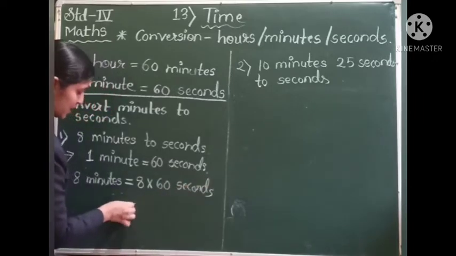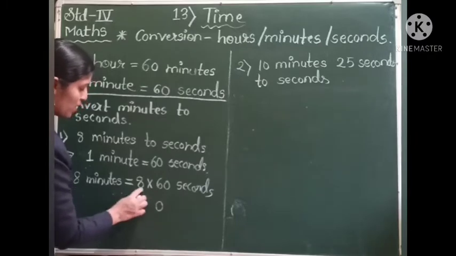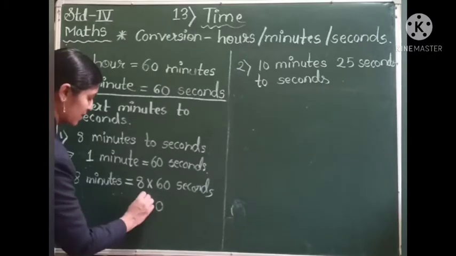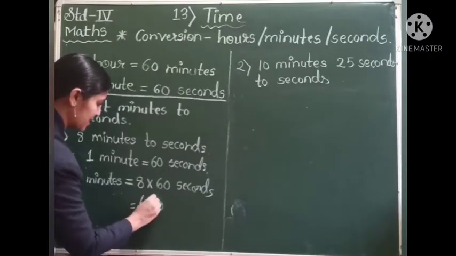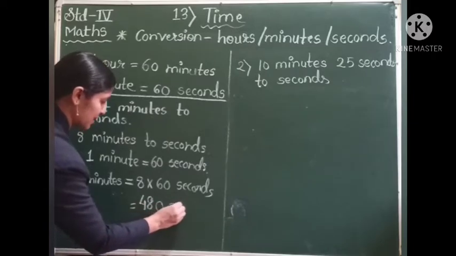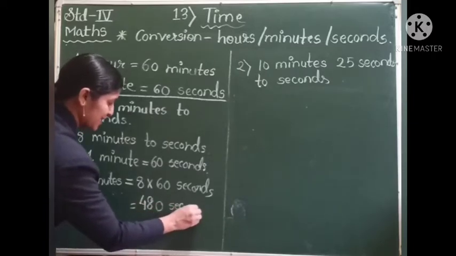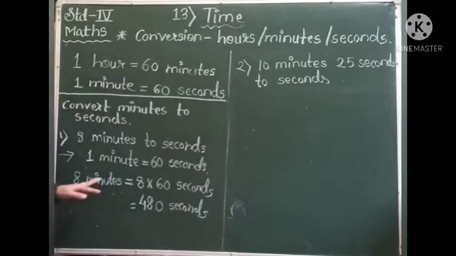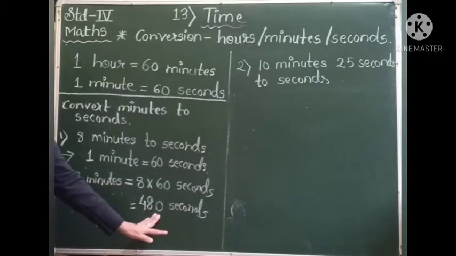So see here, 8 into 0 is 0, 8 6s are 48. So the answer is 480 seconds. So 8 minutes is equal to 480 seconds.